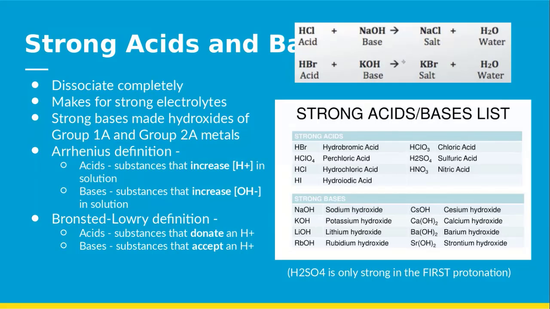So Bronsted-Lowry acids are any substances that will donate a hydrogen to another compound, versus bases which will accept that hydrogen. So whenever you're looking at a reaction, if you go from the reactant side to the product side and you notice a donation of hydrogen, like one substance lost a hydrogen, you know that's going to be your acid, and then one substance gained a hydrogen, that's going to be your base.